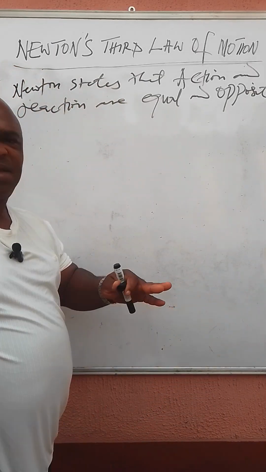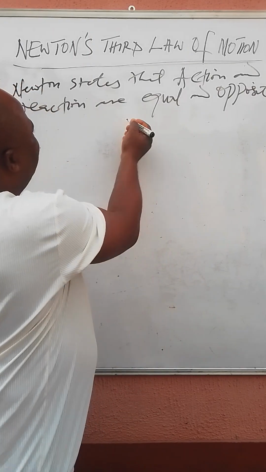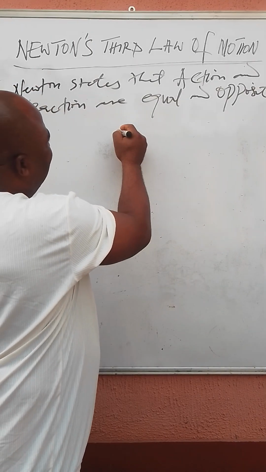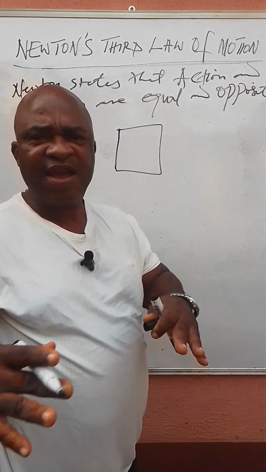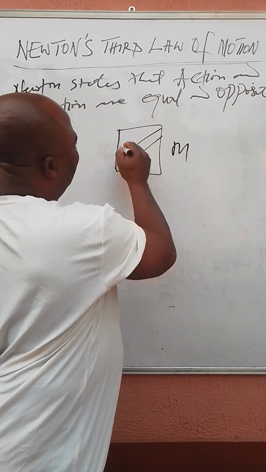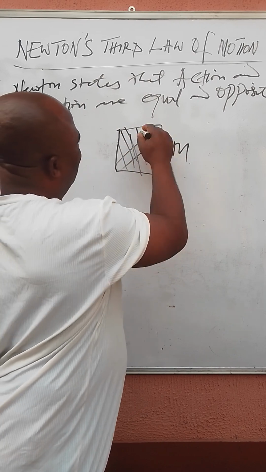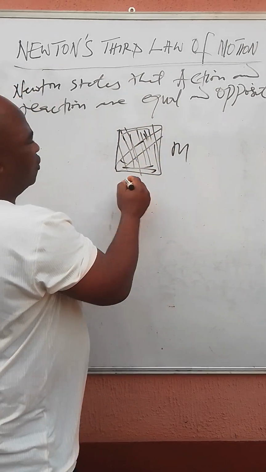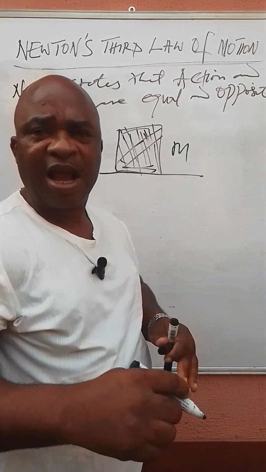So let's vividly put it diagrammatically. Let's say we are considering a heavy block of mass M. This is the block of mass having some magnitude of weight. Now, this is a table platform. It can be any platform.